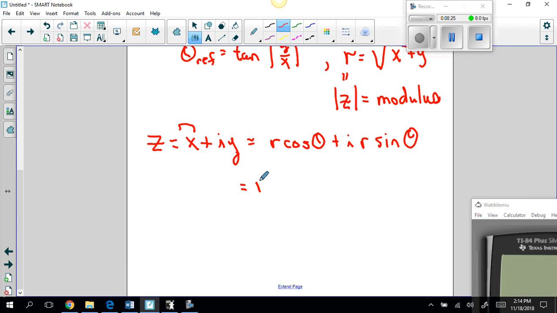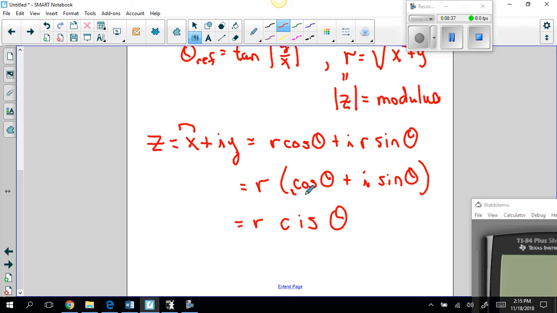What do you say we factor out an r, and we go cosine theta plus i sine theta? And what do you say we abbreviate it as CIS theta? Yeah, CIS theta. So, compact version of that. I like it a lot.